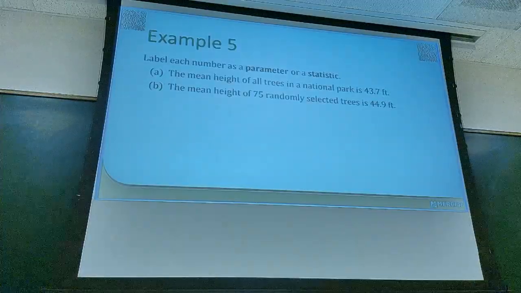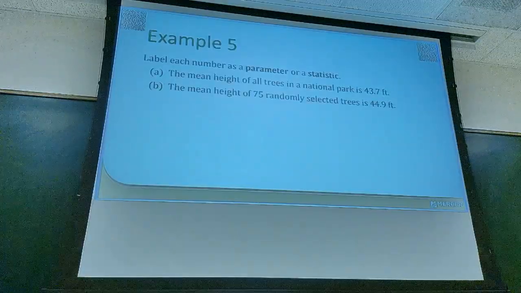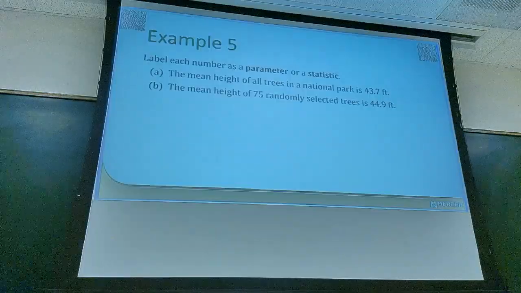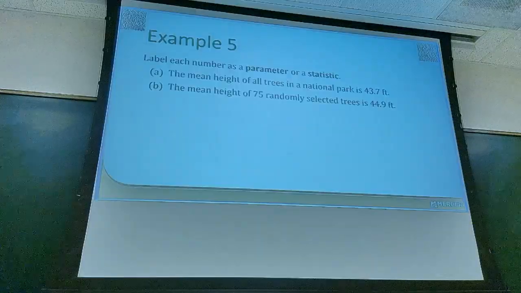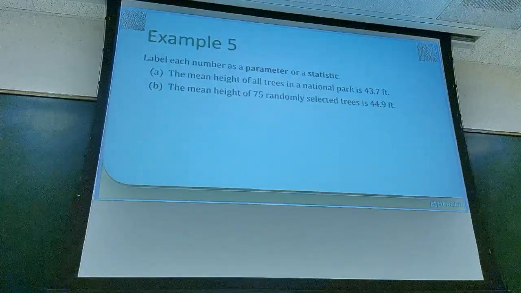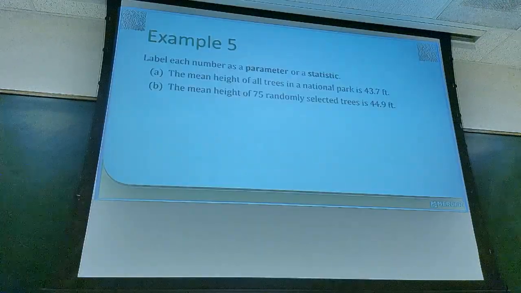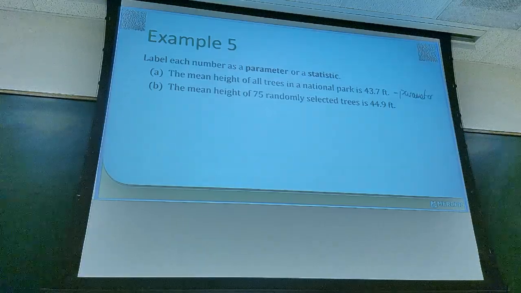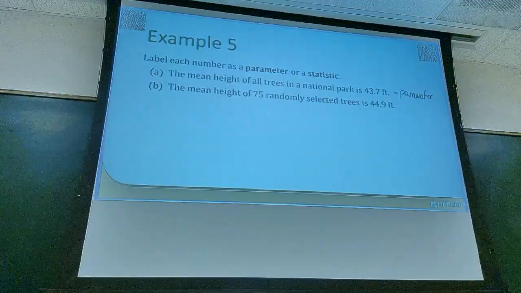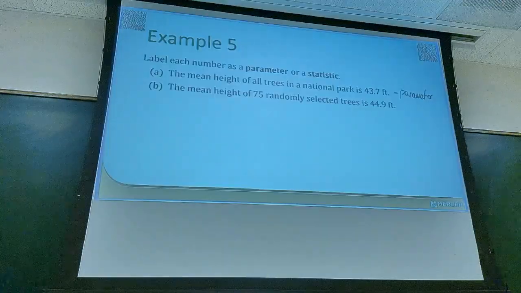Here we want to label each as either parameter or statistic. Mean height of all trees in a national park is 43.7 feet. That's the parameter. Mean height of 75 randomly selected trees is 44.9.